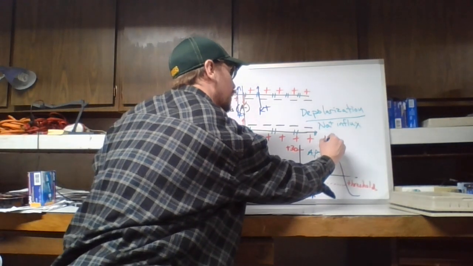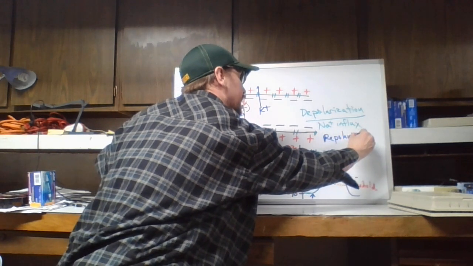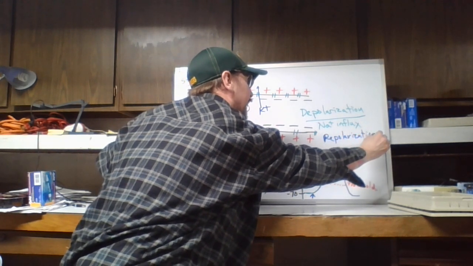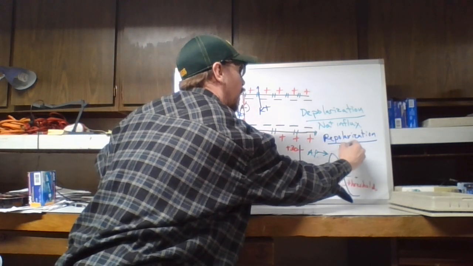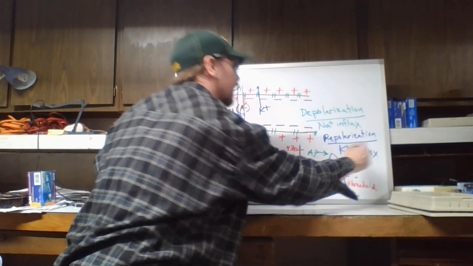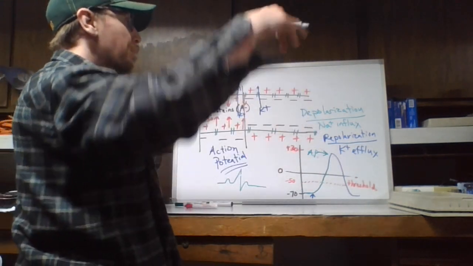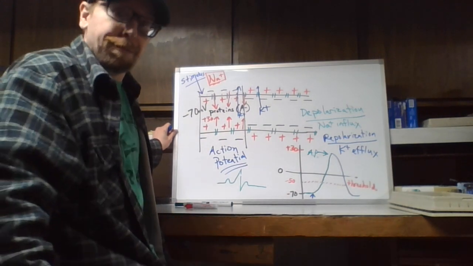This is called repolarization. To repolarize means that the cell is working its way back down to being negative, and that happens by potassium efflux. Potassium leaving the cell brings it back down to negative 70.